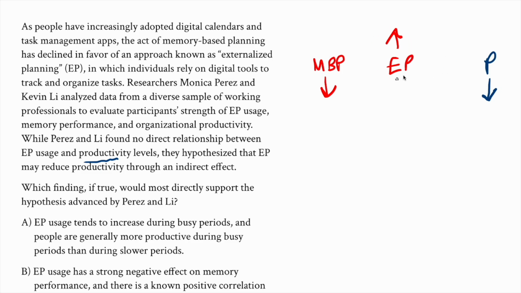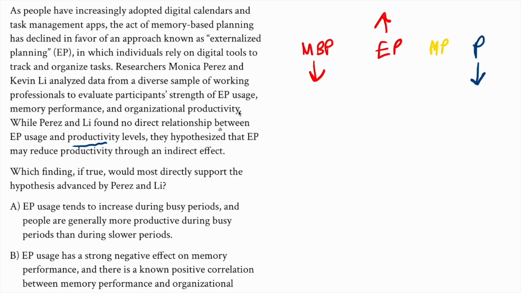So this would be our partial evidence that we have this inverse relationship between memory-based planning and externalized planning. We see that they carried out this study where they also analyzed memory performance, and that's kind of a clue here that memory performance is probably going to be relevant in terms of linking what we know about increased externalized planning and decreased productivity. So we go to our answer choices.